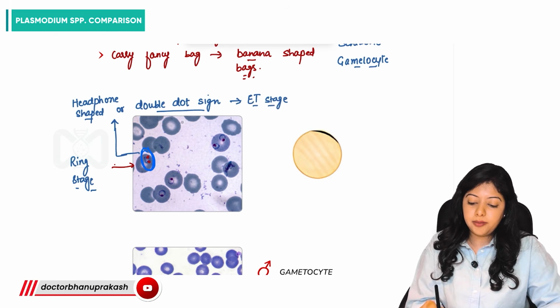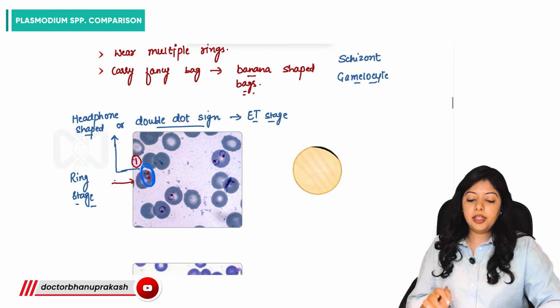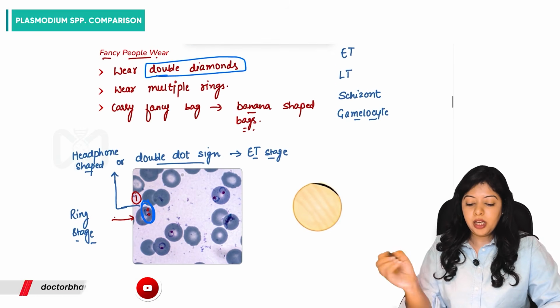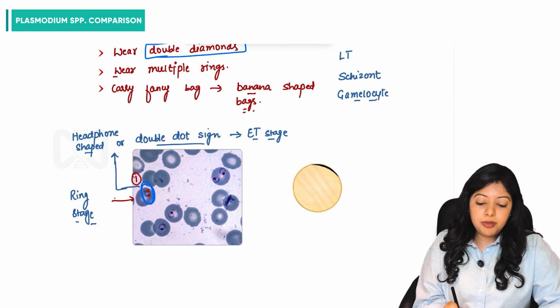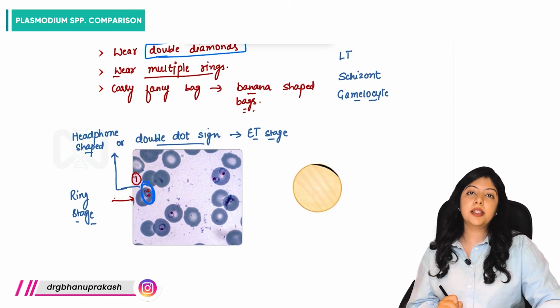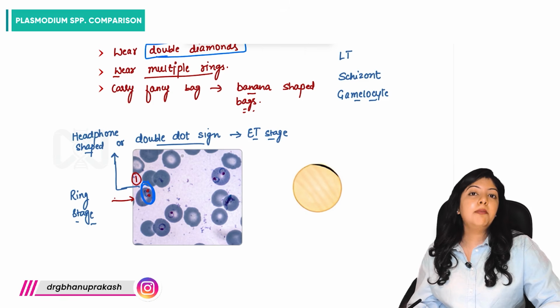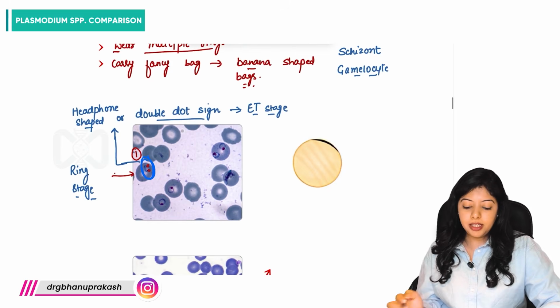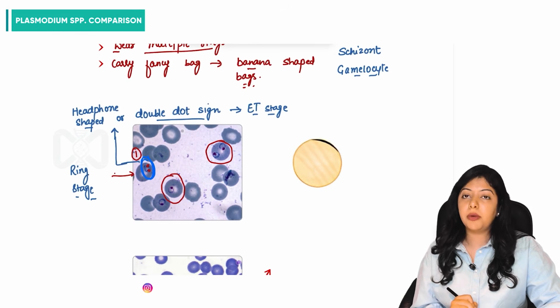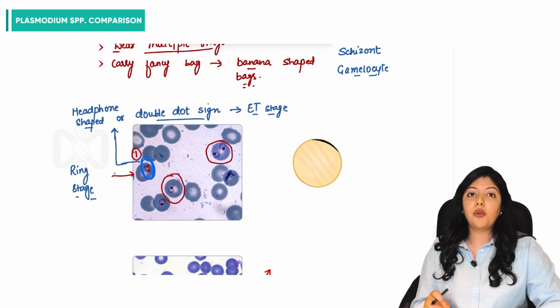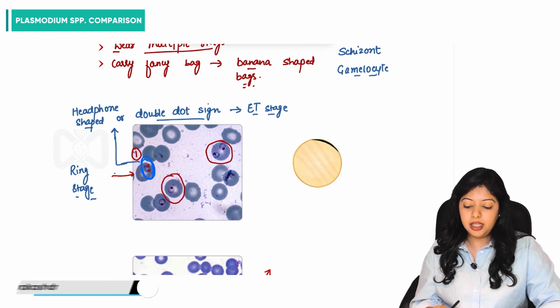This is one thing. The other thing, we have covered double diamonds. Now we also have seen that fancy people, they love wearing multiple rings. So can you get multiple rings in a single RBC? See, if you can appreciate, these are all RBCs we are talking about, and these rings will be formed inside the RBCs, right?